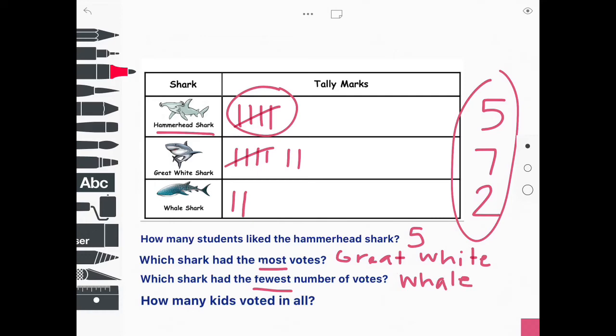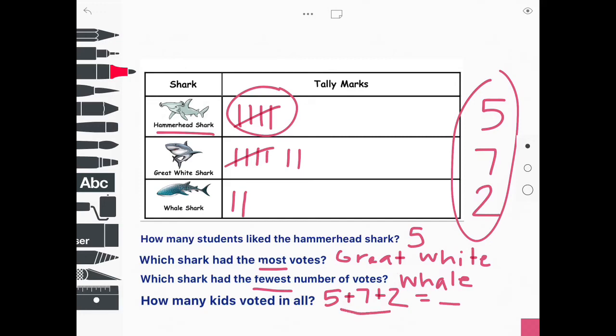My last question says, how many kids voted in all? Which means I need to take the number of kids that voted for hammerhead, for the great white, and the whale shark, and I am adding them together. So I'll make an addition problem. 5 plus 7 plus 2 equals blank. Well, this reminds me of back when we did our addition problems like this.